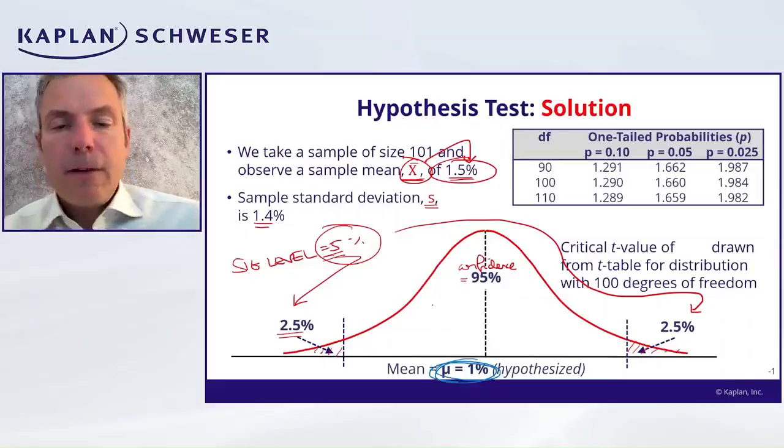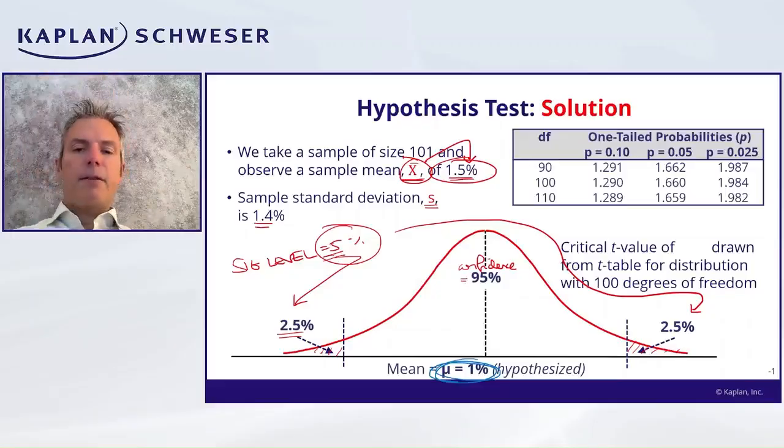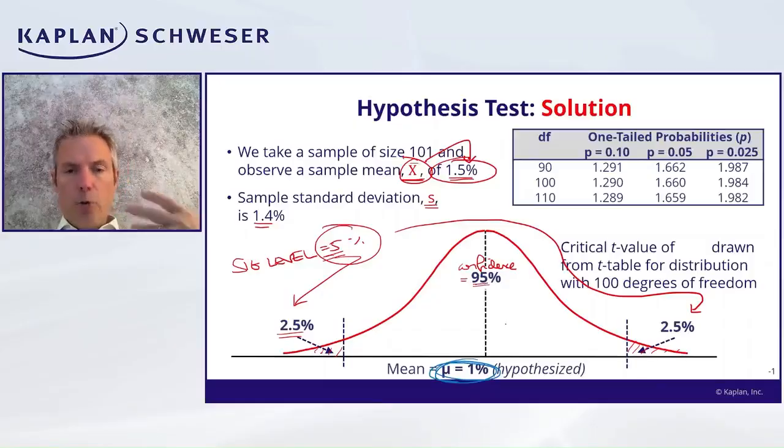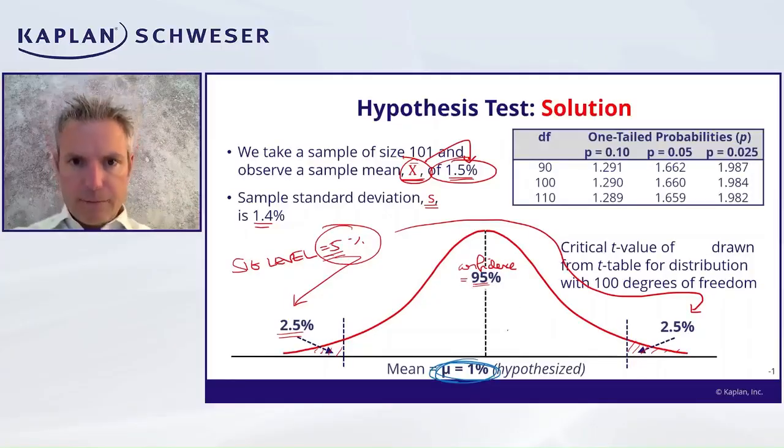So we're dealing with a confidence level with this test of 95%. What the central limit theorem says is that 95% of the time, if this is the true mean, you should observe your sample means within about 2 standard errors of this hypothesized mean.